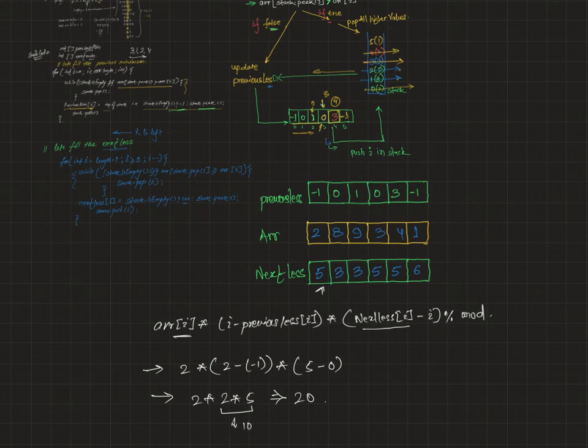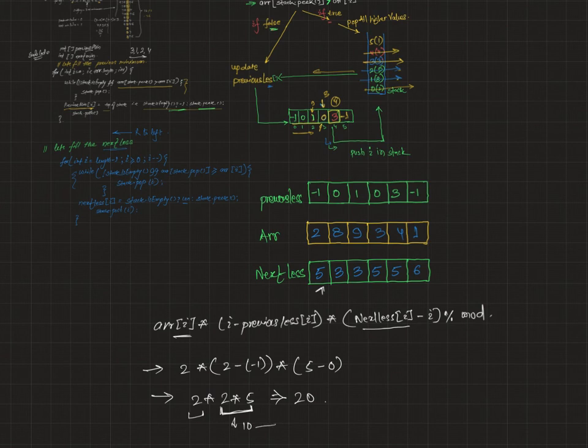So we can make 10 subarrays in which 2 will be the minimum. So these will be the 10 subarrays, 2 will be the minimum, and if we multiply by the current value, which is 2, it will give the sum of the minimums of those arrays.